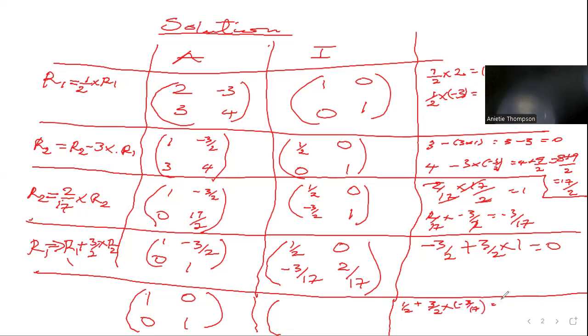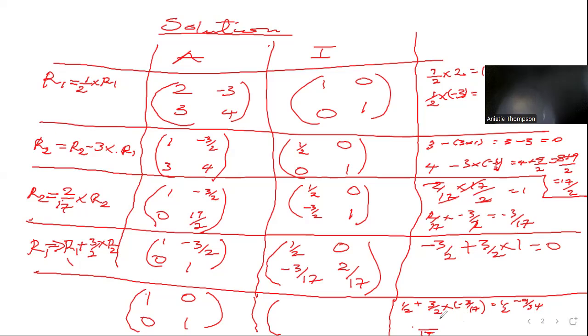And that gives us 1 over 2 minus 9 over 34. Okay. So the LCM of 2 and 34 is 34. So that will give us 17 on the denominator.